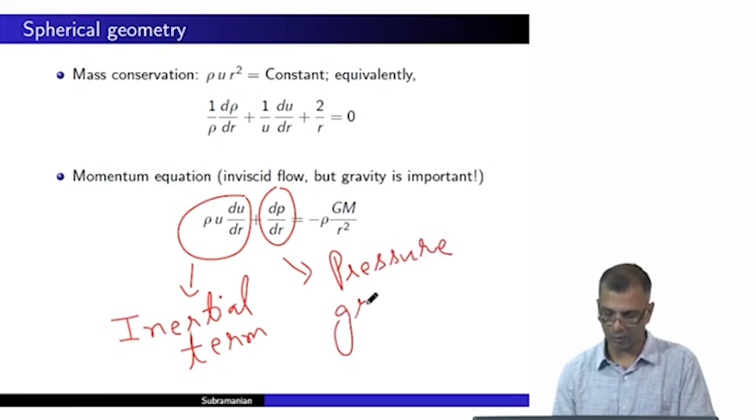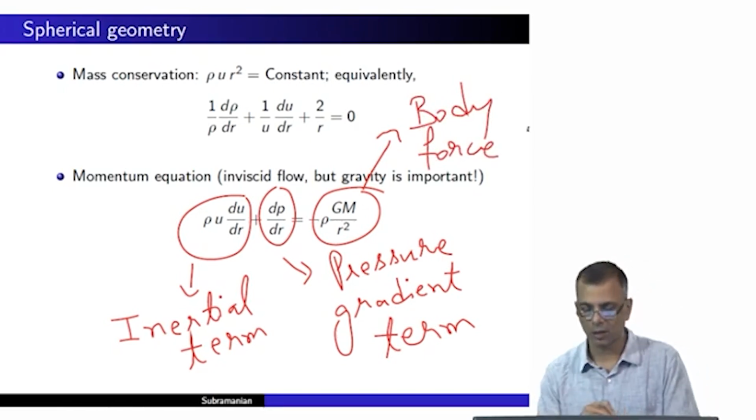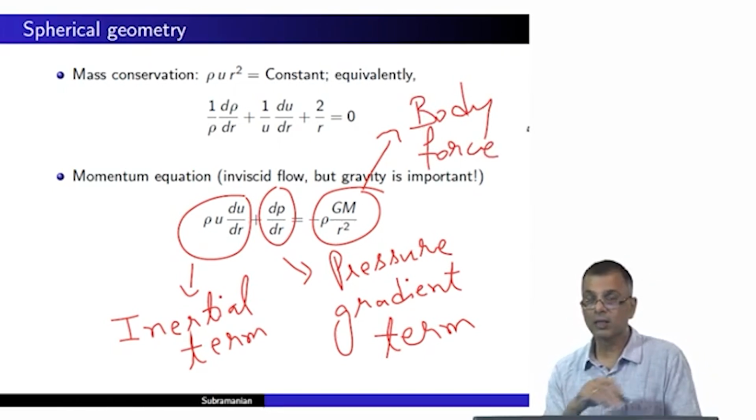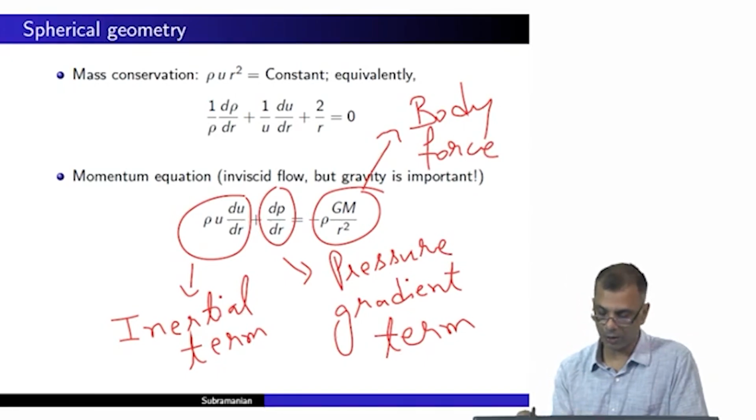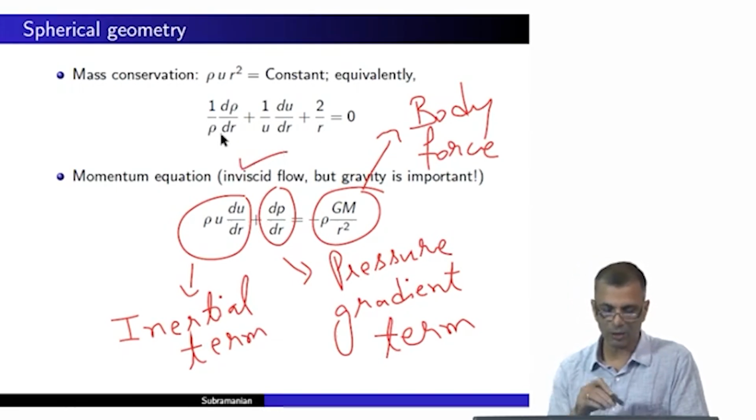And this is body forces, due to gravity, of course. And we don't consider surface forces because we are now only dealing with inviscid flows. So these are our two main equations, mass conservation and momentum conservation.